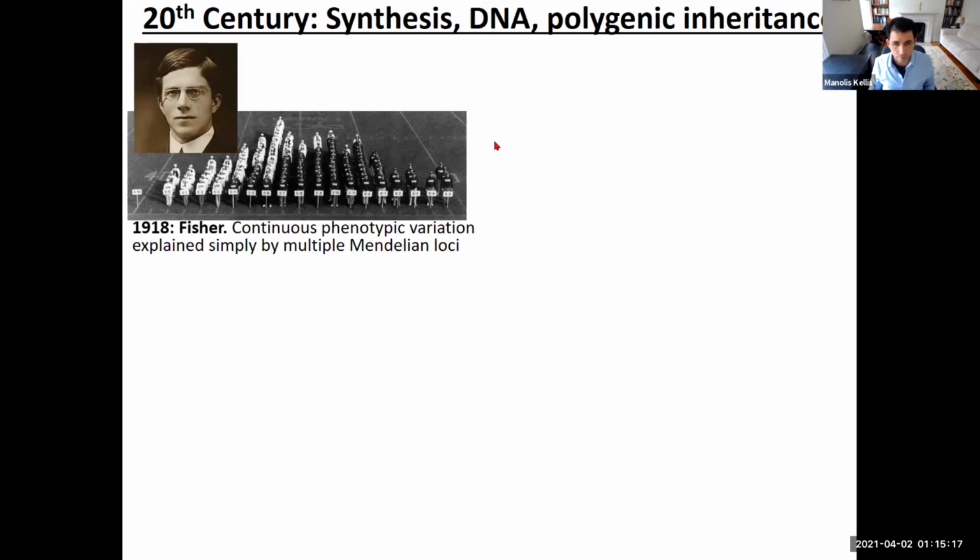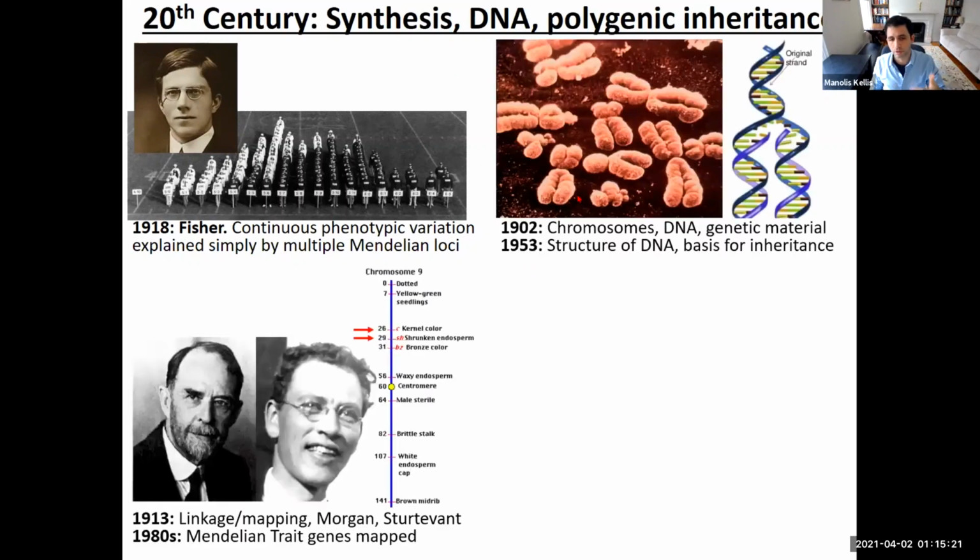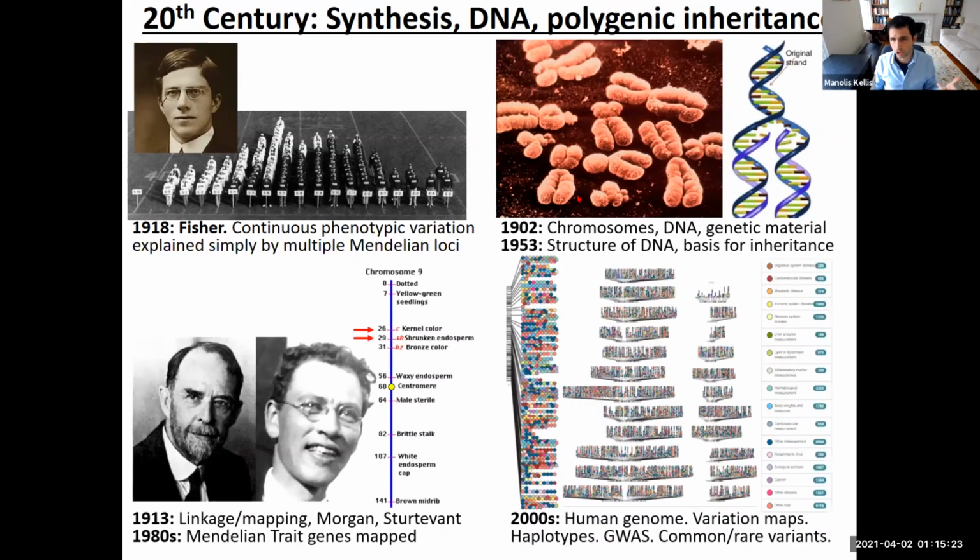So this is the basis now for this past century's genetics that basically took us from understanding that multiple Mendelian traits could explain continuous genetic variation to understanding the molecular basis of inheritance, showing that chromosomes and DNA are what carry the genetic material, and ultimately solving the structure of DNA and understanding that that molecule, which is kind of boring in its structure, is in fact the basis of inheritance.